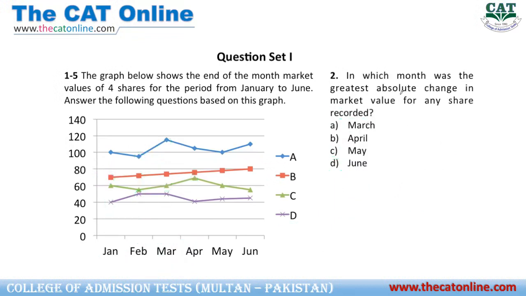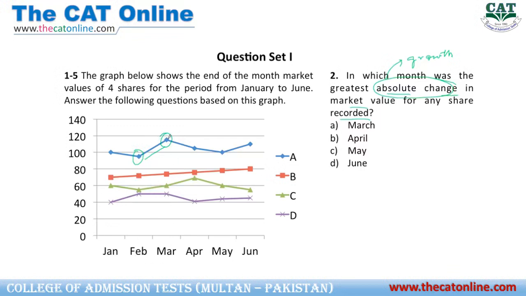In which month was the greatest absolute change in the market value for any share recorded? So absolute change is nothing but growth. So again, you will just look at the steepness of the slope where it was the highest. It is very easy. The slope has been the steepest for this product A if we compare all the 4 graphs, in the month of January to March.